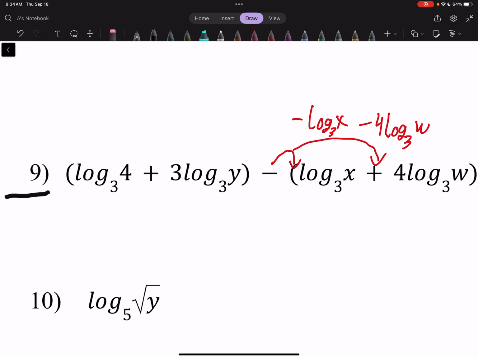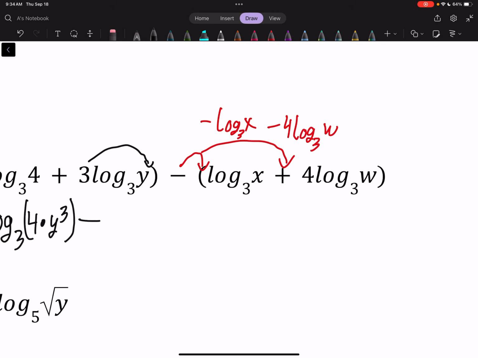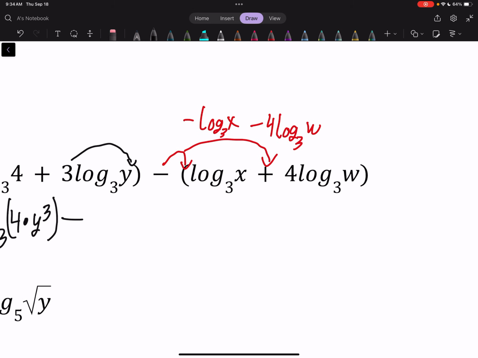What I'm going to do is first move the 3 on the first term up into that y, and then I'm going to combine with multiplication. So log base 3 of 4 times y cubed. I hope you're okay with that one. Minus, I'm going to combine the right set of parentheses now.